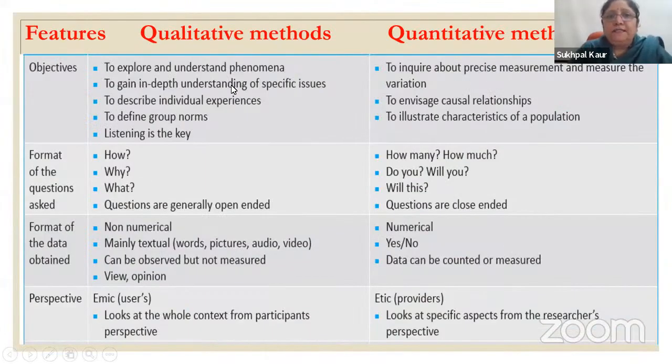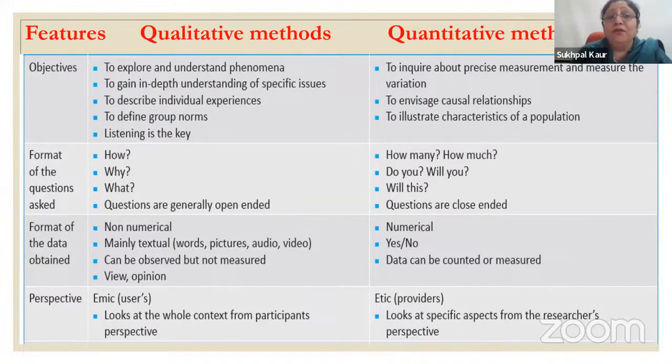So this slide is giving us the difference between the qualitative and the quantitative research design. Again, just giving you an overview of the qualitative methods and the quantitative methods. The objective of conducting qualitative research is to explore and understand a phenomenon regarding which less information is available. We want to gain in-depth understanding of a specific issue.